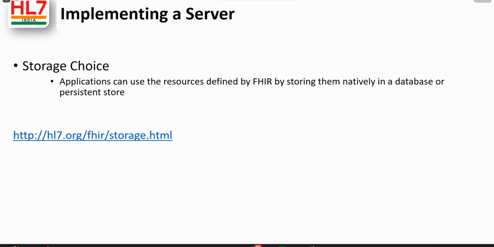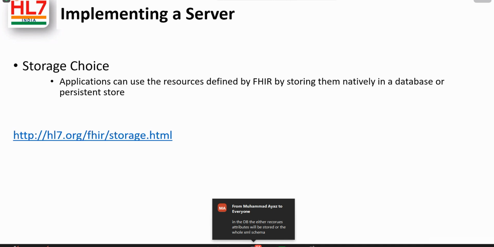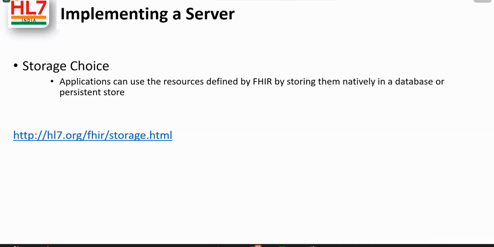So again, there is no clear answer, but what we have seen is, if there is an EHR system, an EMR system, which understands exactly what data it needs to persist, it persists that and discards everything else. Whereas if there is a data repository, a clinical data repository, or a system that needs data for future use, what we have seen is a hybrid data model being stored, where certain pieces go into the relational database and the FHIR structure gets stored on the blob, right?